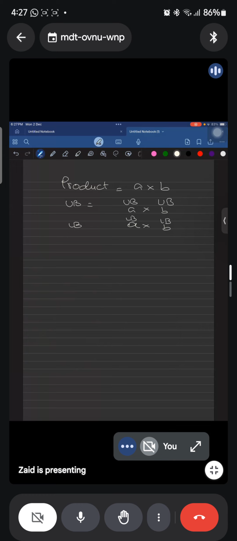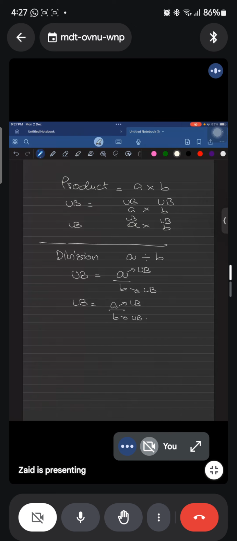Now division. Let's say there are two values A and B. If I'm supposed to find the upper bound, I should take the upper bound of A and the lower bound of B. And if I'm supposed to find the lower bound of the division, take the lower bound of A and the upper bound of B. All right. That's the thing.